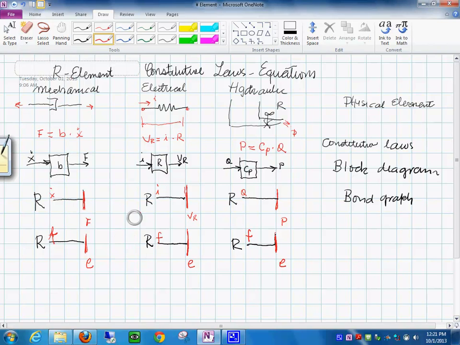But the form of the constitutive law does not change. So we write like this.